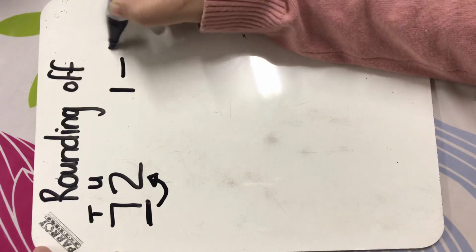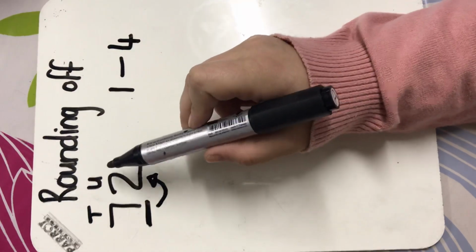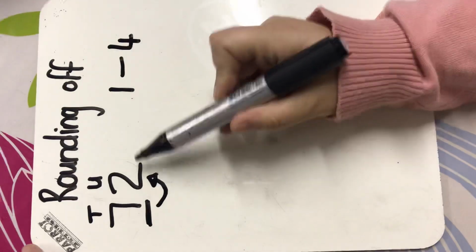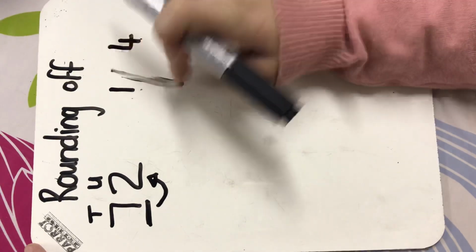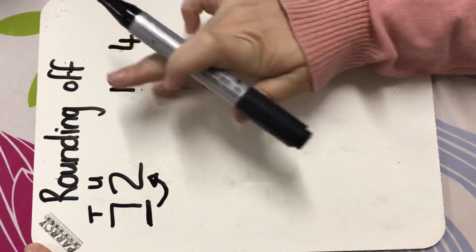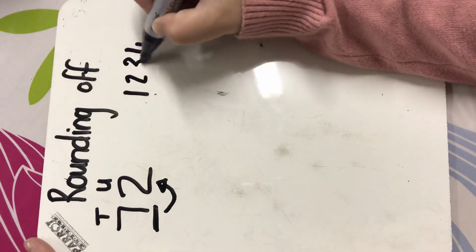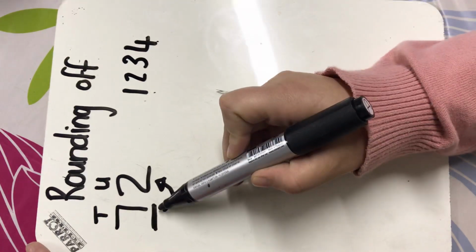1, 2, 4. If the number after the 10 or the unit, depending on what it is that they're asking you, for now, if the unit is anywhere between 1 and 4, that means 1, 2, 3, or 4, then it stays the same.